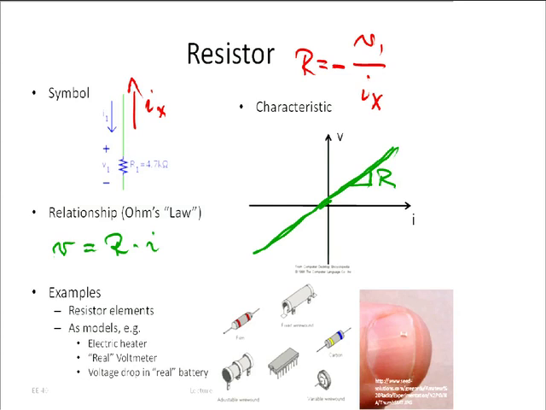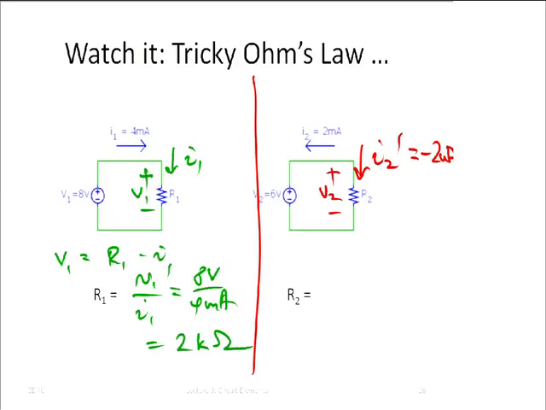Minus 2 milliamps. Okay? And now I can calculate what R2 is. It's simply V2 divided by I2 prime, and that is equal to 6 volts over 2 milliamps, so minus 3 k ohm. Okay?